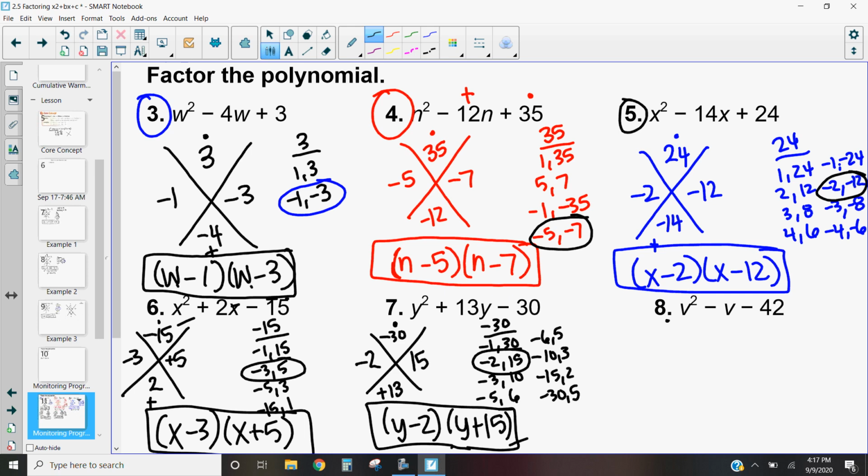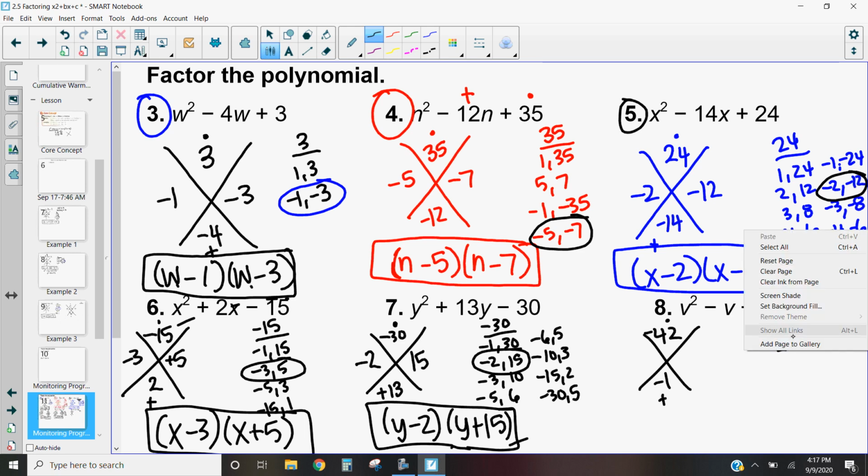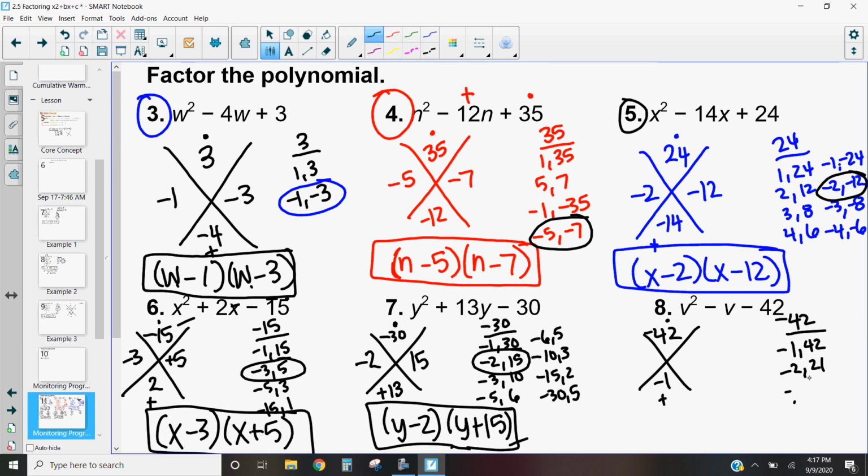So here we are, this last one, multiply to get negative 42, add to get negative 1. Those factors of negative 42 are going to be negative 1 and 42, negative 2 and 21. There's going to be a couple, let's see, it should divide by negative 3 and 14.